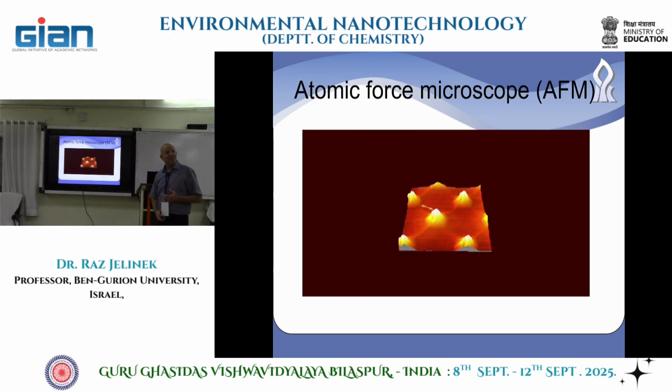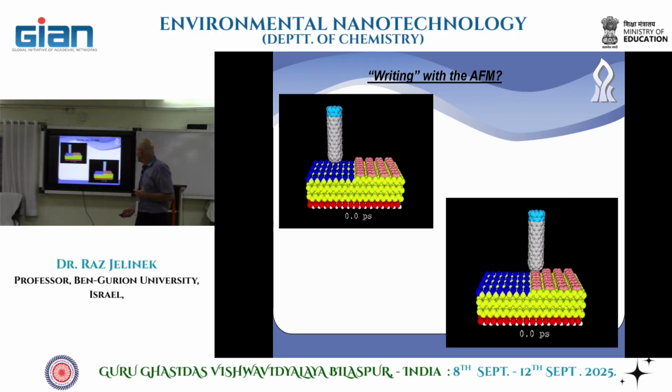So let me show you some examples. Here, what we see are atoms sitting on a surface. These are real atoms. You can visualize atoms. What you do here, we can actually write with the atomic force microscope. This is the needle of the atomic force microscope.